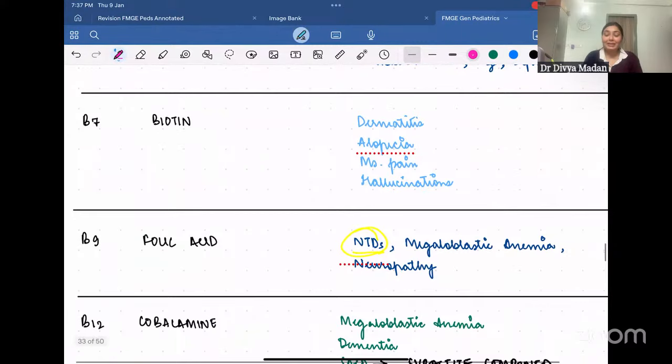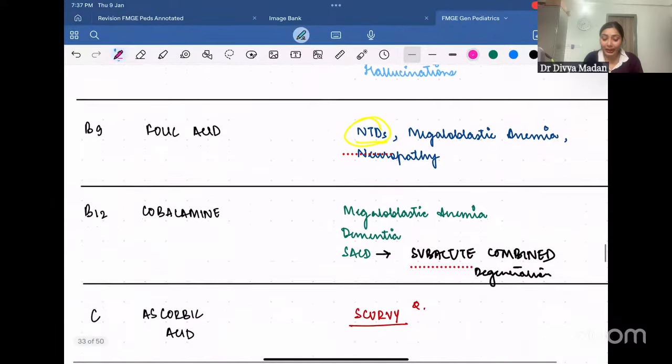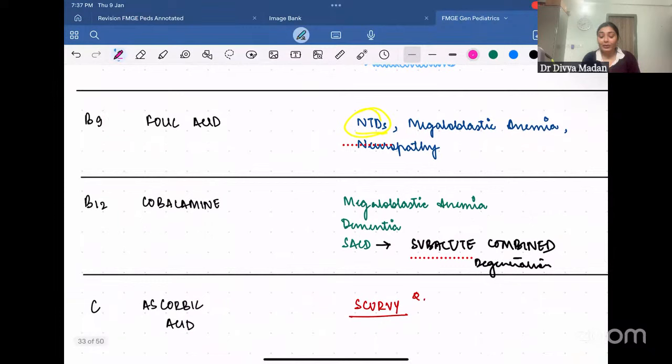Then we have B7, that is biotin. A lot of girls take this biotin supplement for their skin and hair health. And this biotin deficiency is very poorly understood. But we know that this causes dermatitis, alopecia, muscular pain, hallucination. There's nothing like B8. We have B9, that is folic acid, right? This folic acid deficiency, we all know if a pregnant mother is deficient in folic acid, that can lead to neural tube defects.